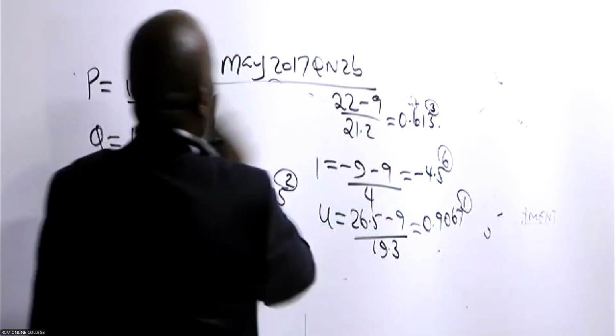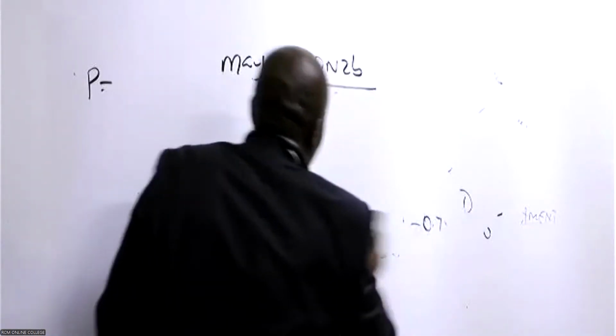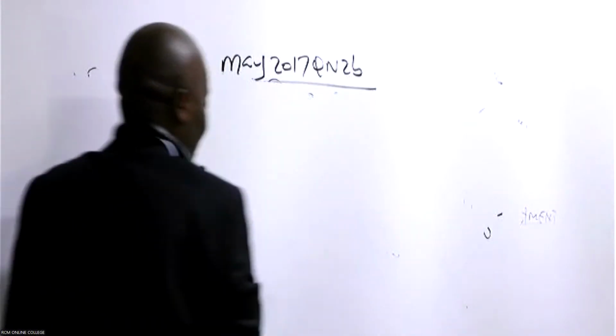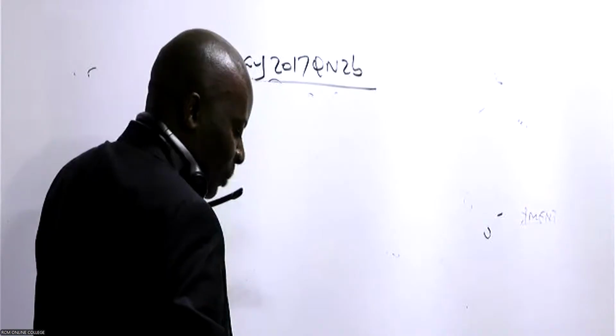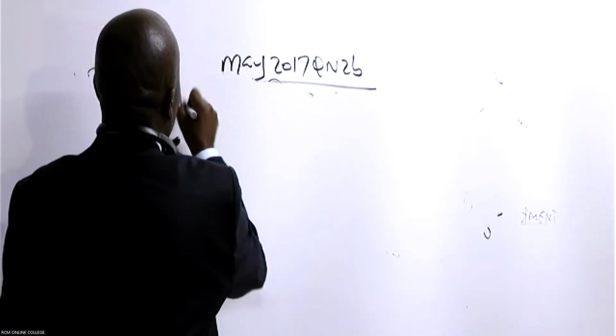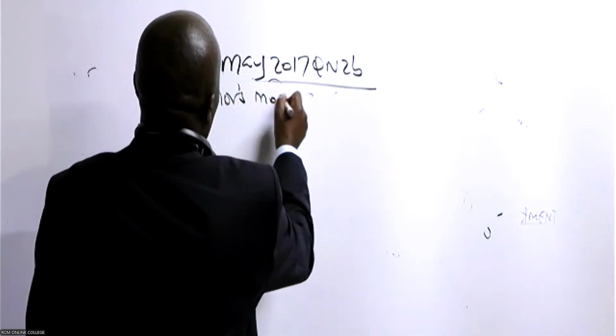So the Treynor's model, there are very important formulas that I must show you here, which you should really master. You must be able to master this. Now, number two, the Treynor's model.